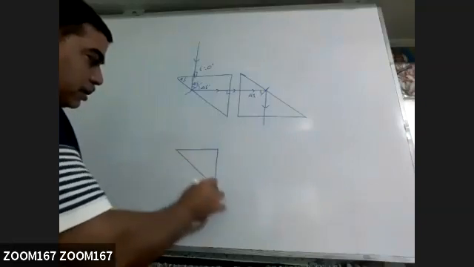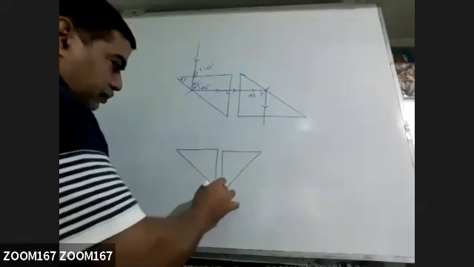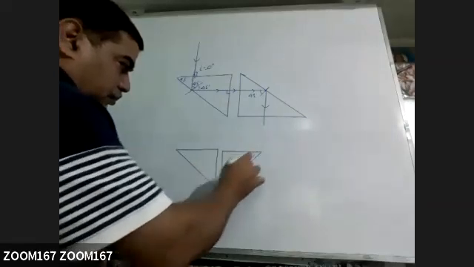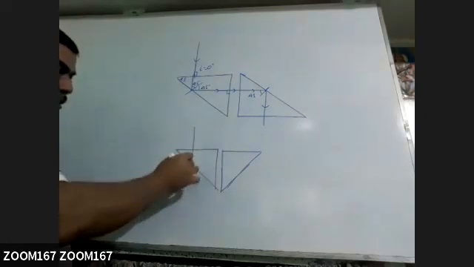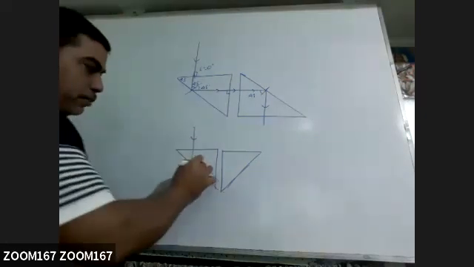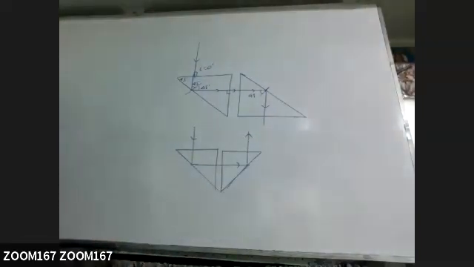Sometimes it will be like this. The ray will be incident this way, will reflect this way, and then it will reflect. Okay, any other?